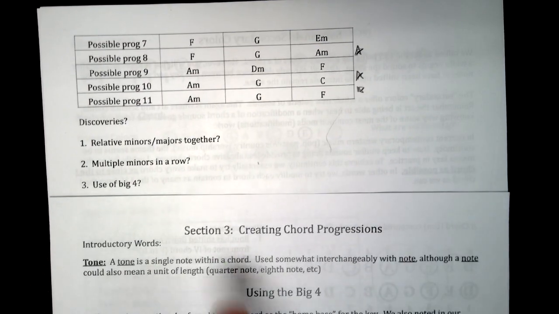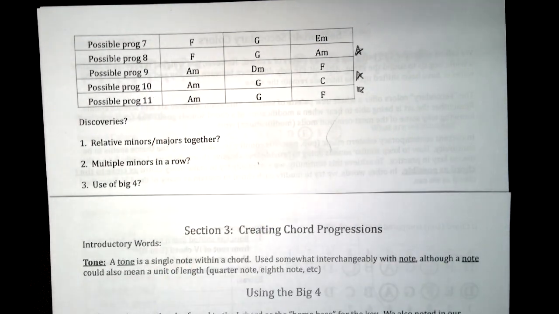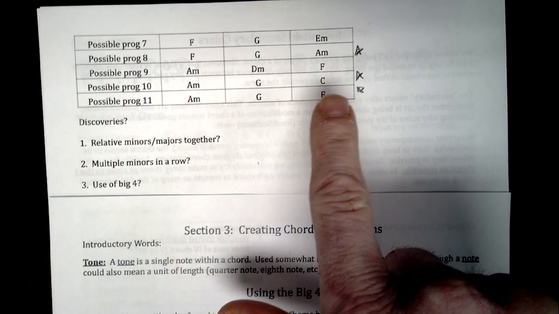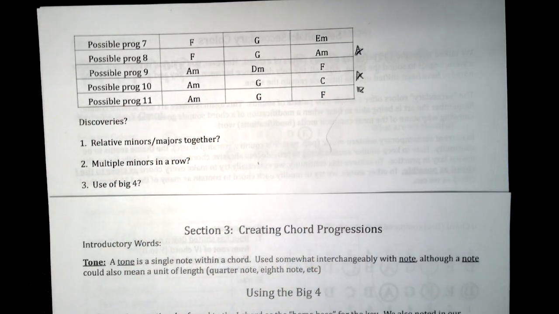I'm going to go to progression 8. Okay, I might do progression 11. You can see how this F chord can stand alone and could end there, whereas a lot of the other ones don't feel like you can end there.